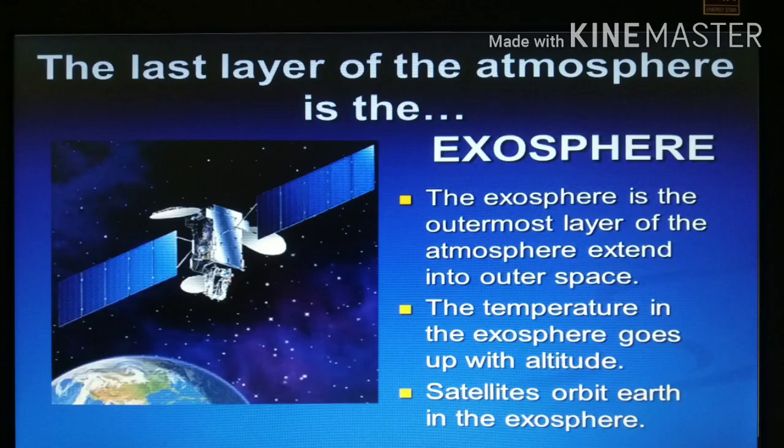Next, the last layer of the atmosphere is the exosphere. The exosphere is the outermost layer of the atmosphere, extending into outer space where it merges with interplanetary space, right? The temperature in the exosphere goes up with altitude. Satellites orbit Earth in the exosphere. So this is the information about the layers of the atmosphere.